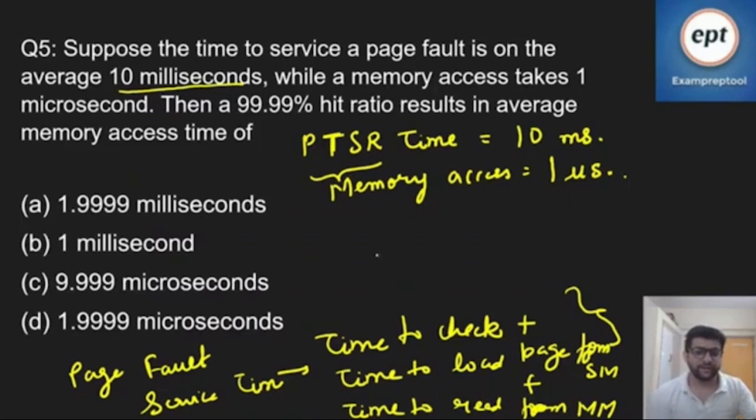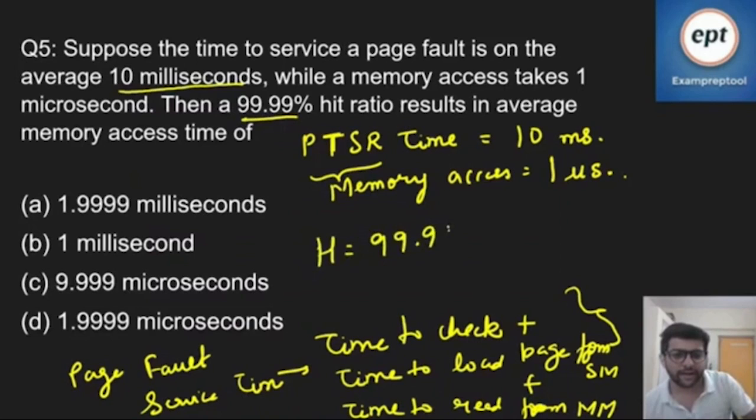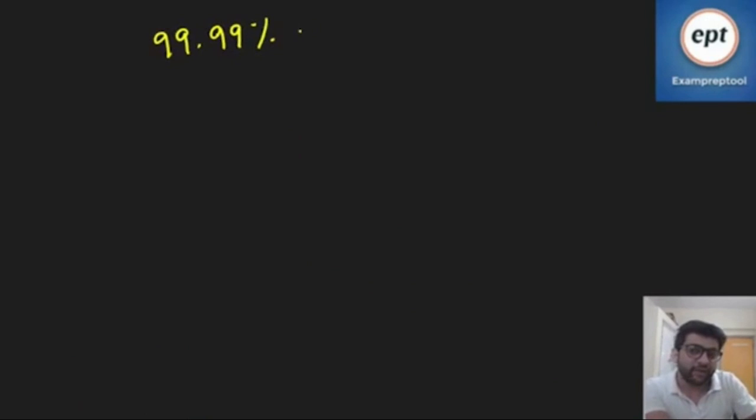So we have been given that the hit ratio is 99.99%. For this type of question, you don't need to remember any formula, right? So let's say the hit ratio is 99.99%, and we were having 100 memory accesses.